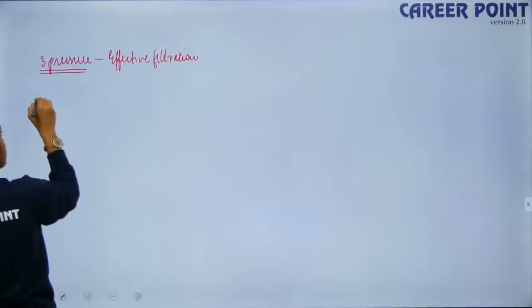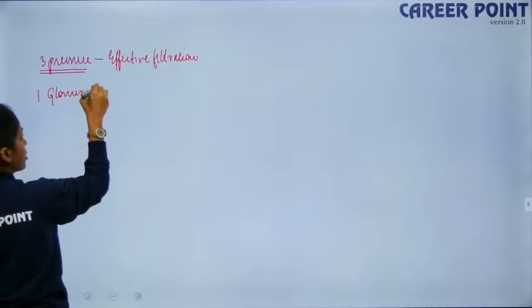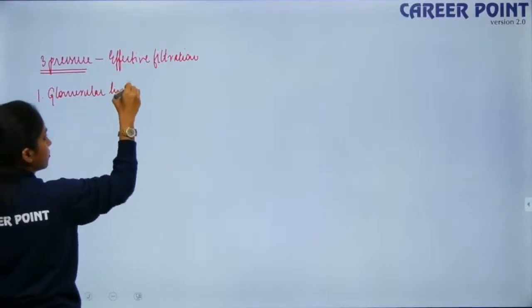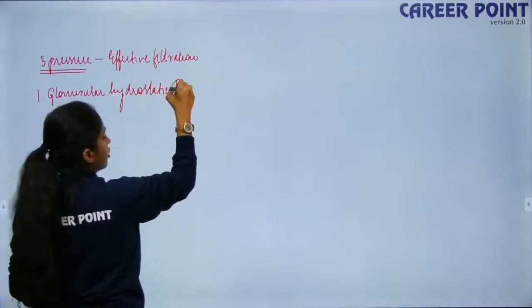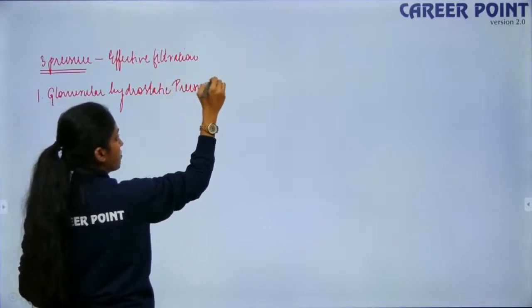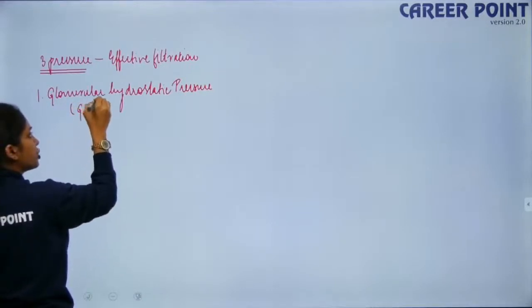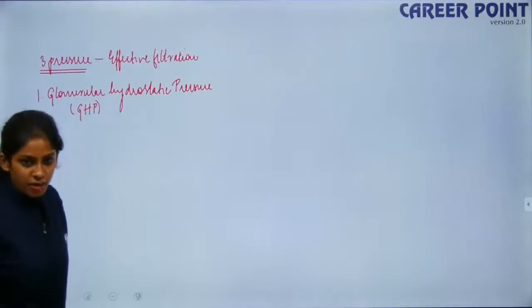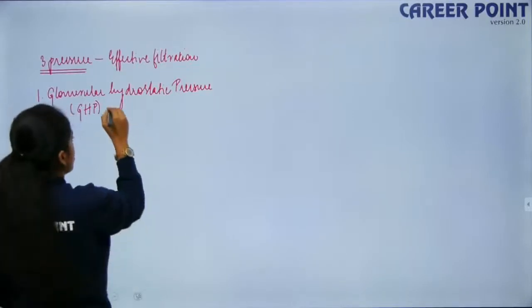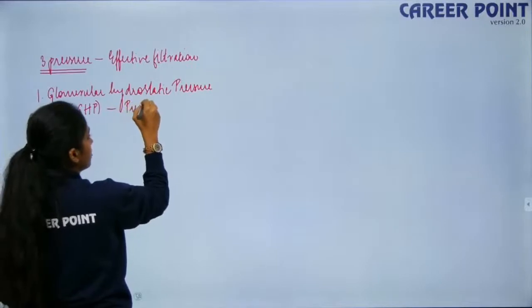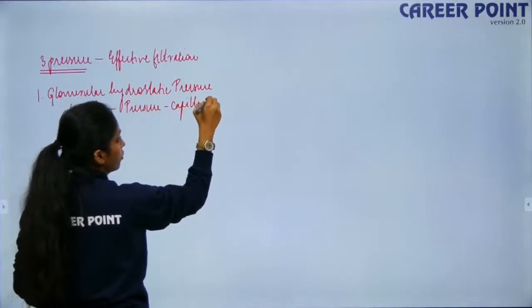The first pressure is your glomerular hydrostatic pressure, in short referred to as GHP. This is the pressure in the capillaries of the glomerulus.